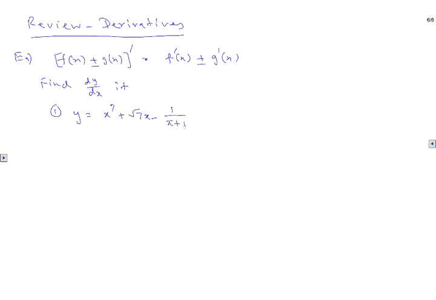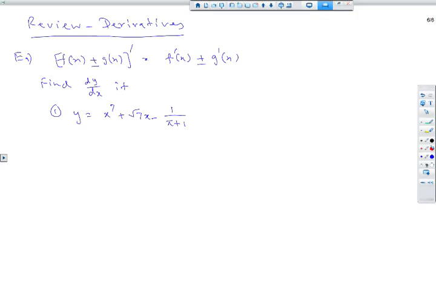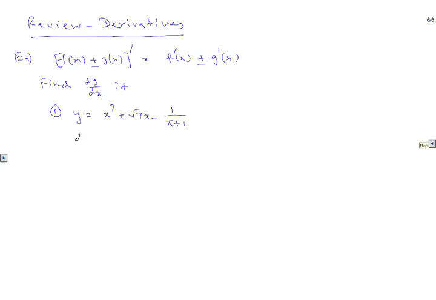You can see there are three terms, so you take the derivative one by one. So dy/dx is simply 7x to the 6th, by using the power rule. What's the power rule? d/dx of x to the n is simply n x to the n minus 1.